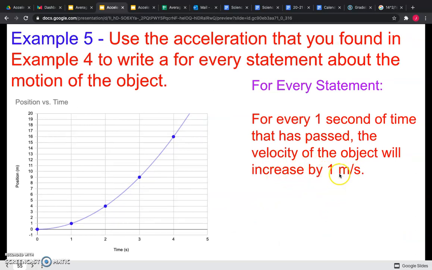It's increasing by 1 meter per second every second. So at second 0, the object is moving at 0 meters per second. At second 1, it would be moving at 1 meter per second. At second 2, it would be moving at 2 meters per second. At second 3, it would be moving at 3 meters per second, right? So for each second of time that goes on, the object is moving faster by 1 meter per second. That's what we mean when we hear acceleration.